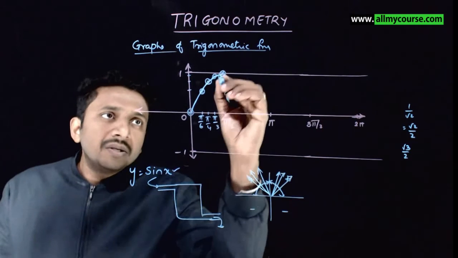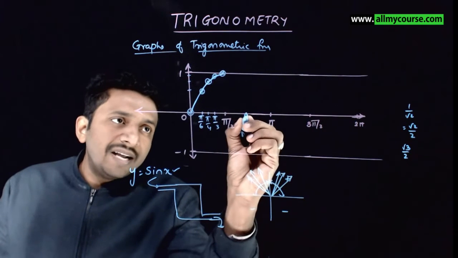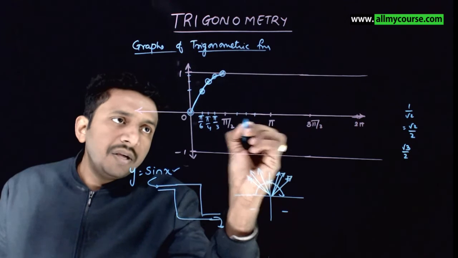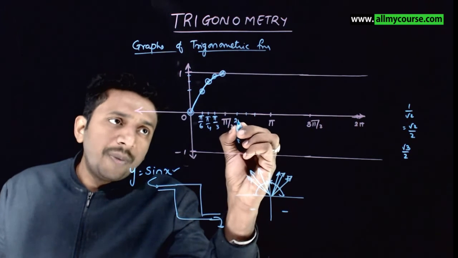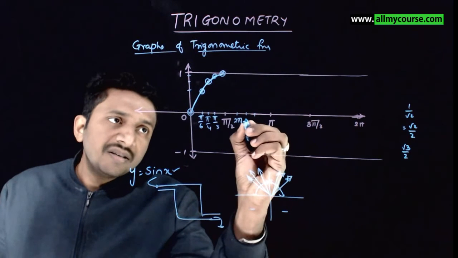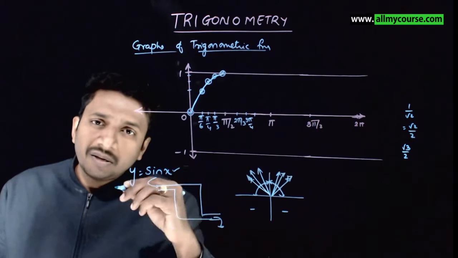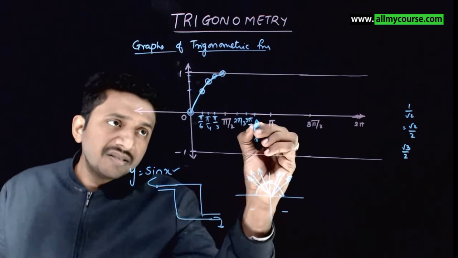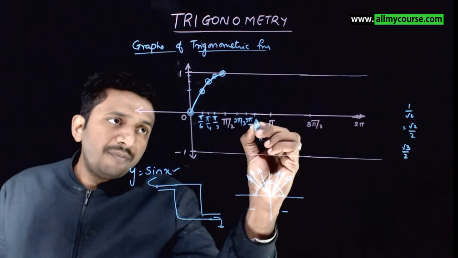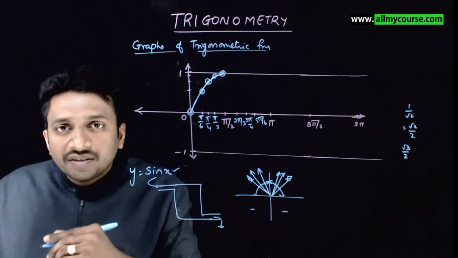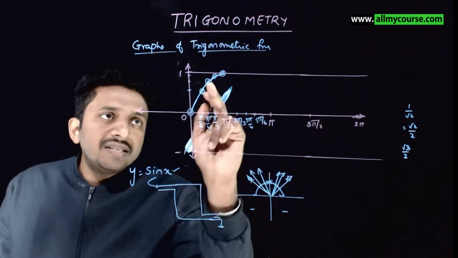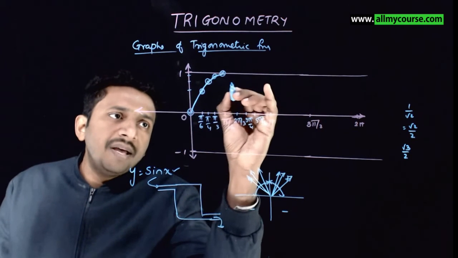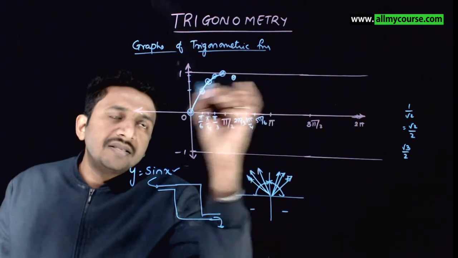So on. So if you go on writing the values, here also you have 2 pi by 3, 120 degrees, 3 pi by 4, 90 plus 45, 135 degrees, and 5 pi by 6, 150 degrees. So sine 120 is same as sine of pi by 3, sine 60.